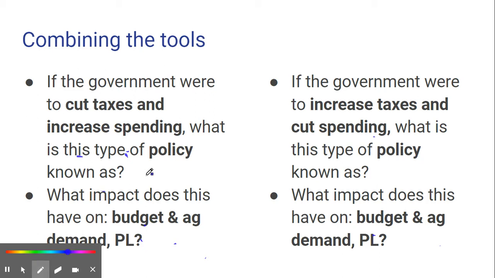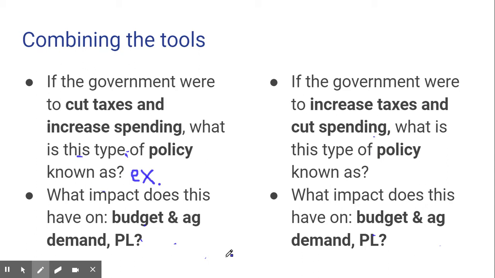Okay, so if the government were to cut taxes and increase spending, what type of policy would this be known as? So this is something that's known as expansionary policy, okay? Expansionary policy is designed to increase aggregate demand. So now think for yourself.